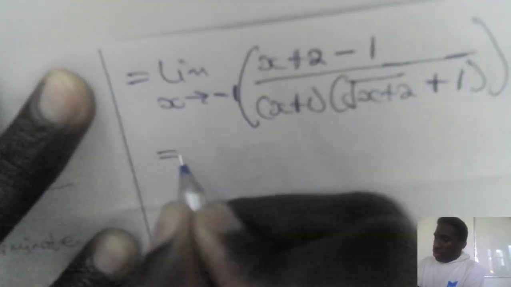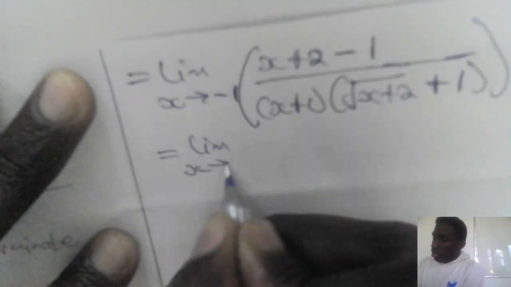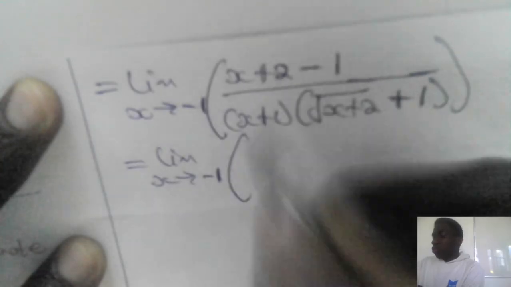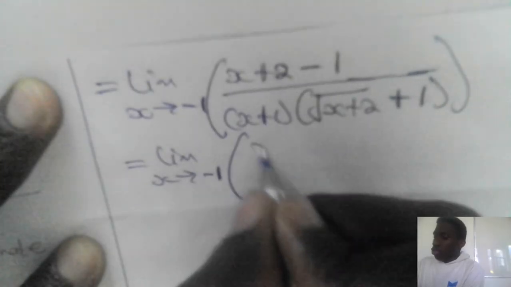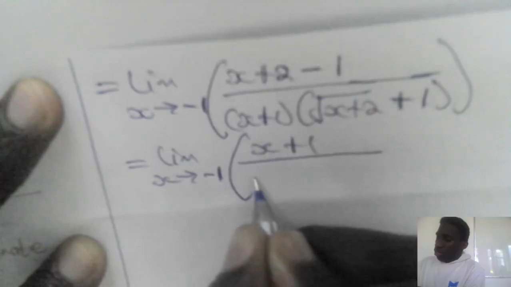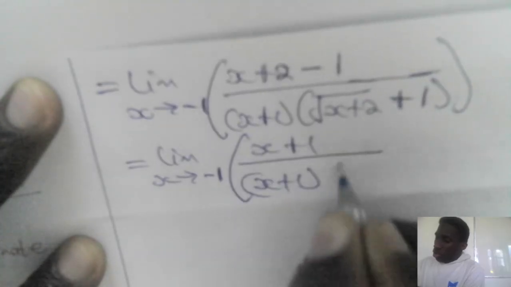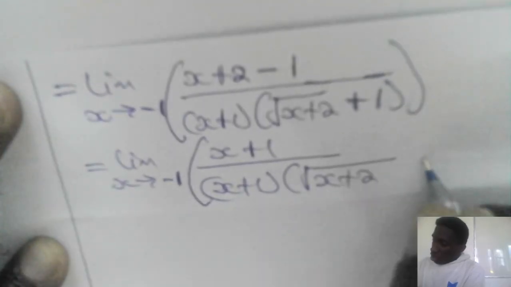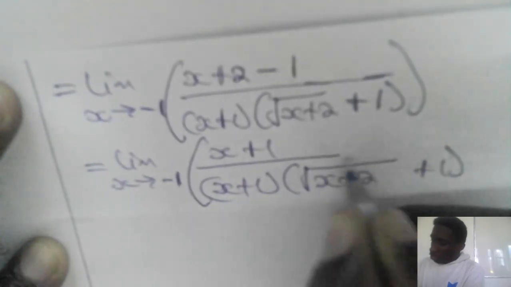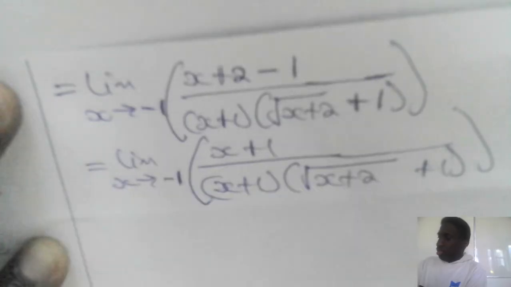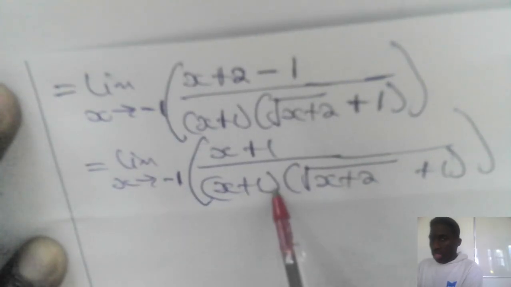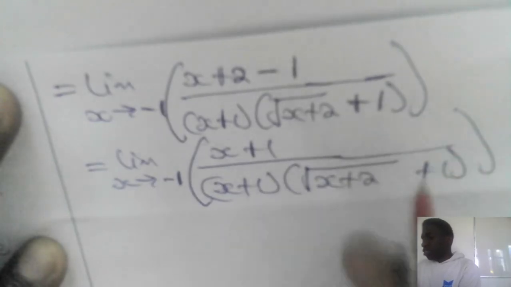Now notice this, that when you simplify further, the limit as x approaches minus 1, x plus 2 minus 1 is 1. So this gives you x plus 1 divided by x plus 1 multiplied by square root of x plus 2 plus 1. So you notice that x plus 1 in the numerator and x plus 1 in the denominator are the same, and it's being multiplied by this other factor.